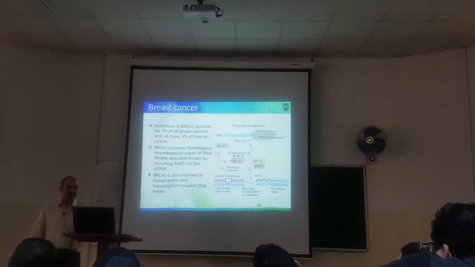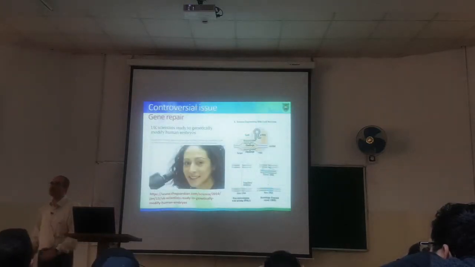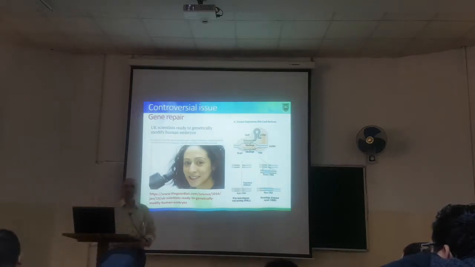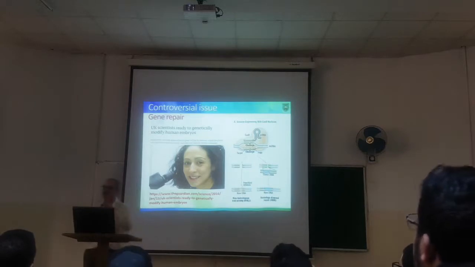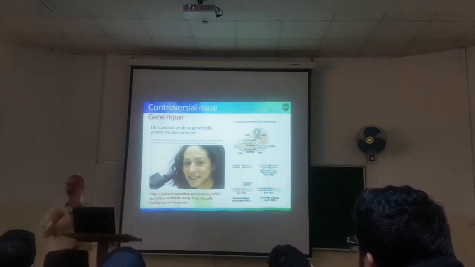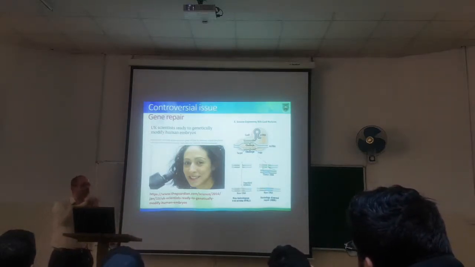هلا حكينا احنا المره الماضيه على الميتوكوندريال دي ان اي، وحكينا على الكونتروفيرسي هذه كيف انه احنا ممكن يكون عندنا human being with 3 DNA molecules من المذر ومن الفاذر ومن دونر.